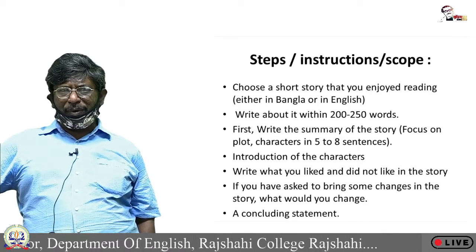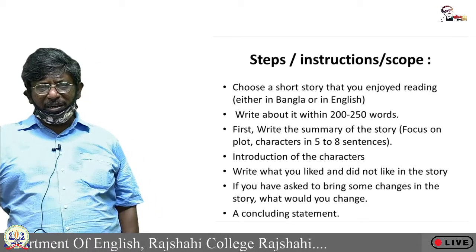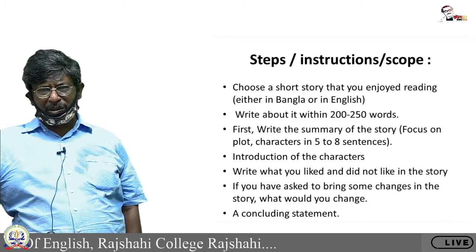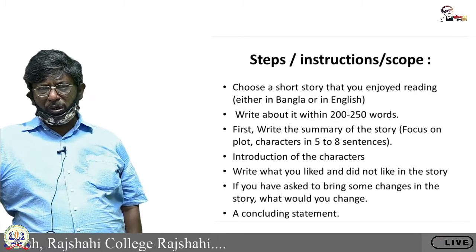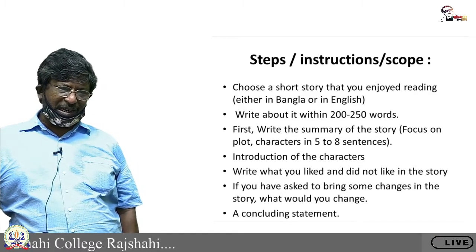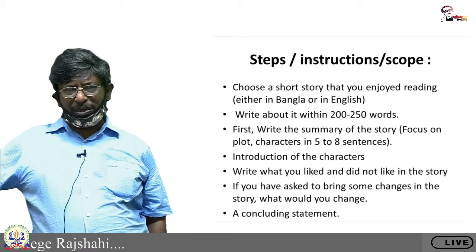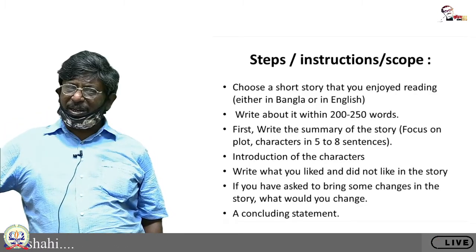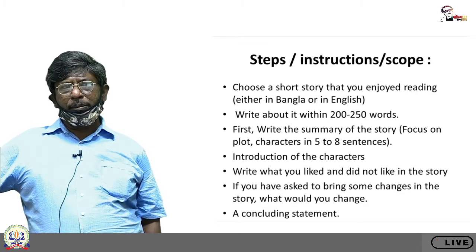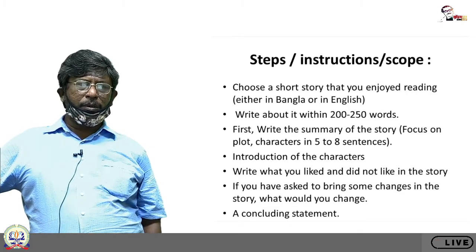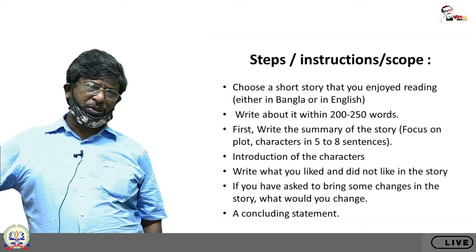But after you have ended the summary or synopsis section, you should introduce the characters in detail, their role, their function, their importance, their significance, their activities in the story.